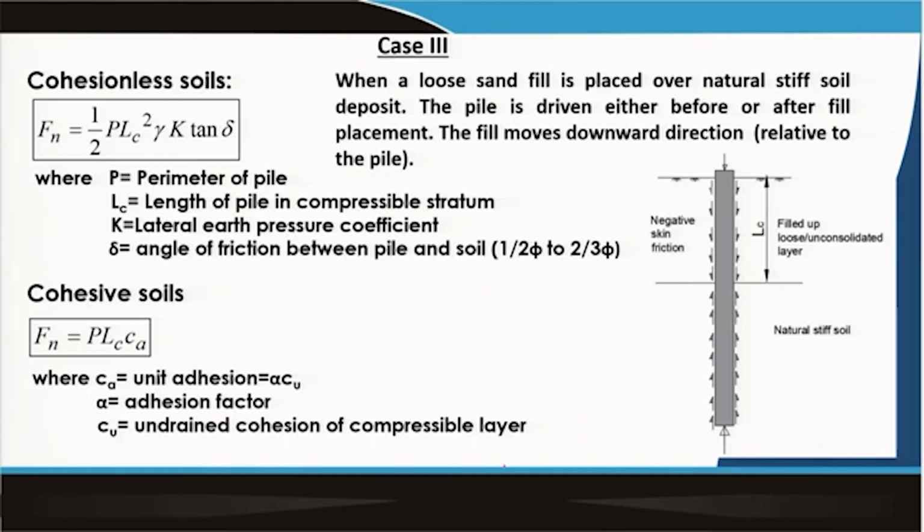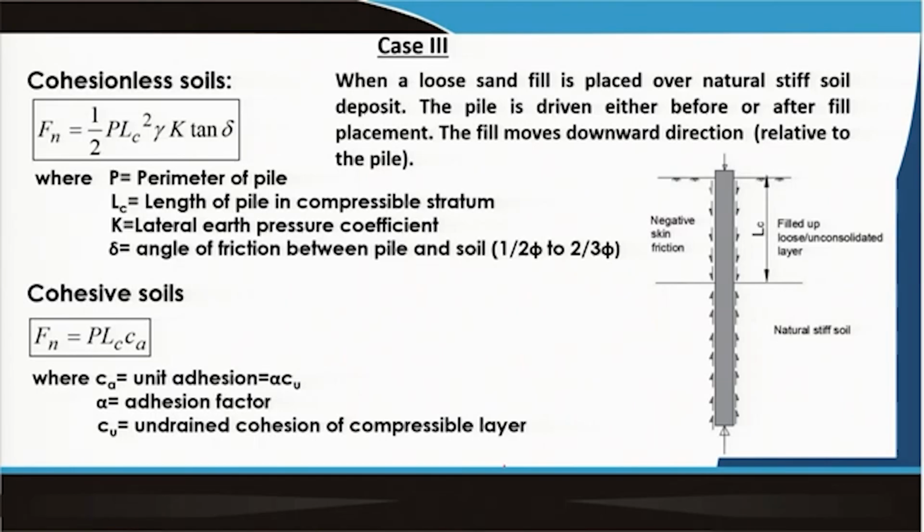So, in that case it will be under undrained condition, because it is a loose soil. Even if you consider the CD test, loose sand also gives you the phi value. The unconsolidated plot I am coming to later on.